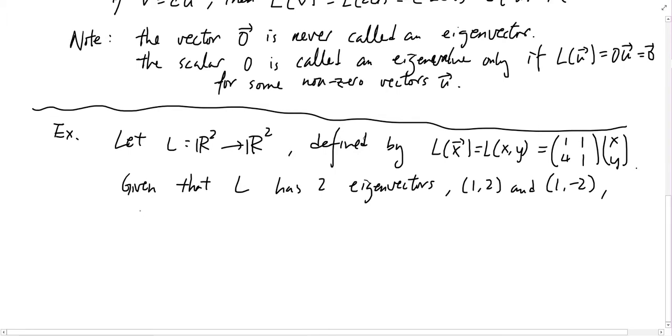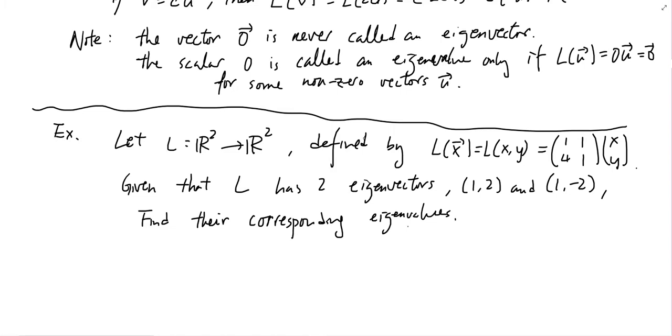I do want you to try to figure out how to find their corresponding eigenvalue. Remember, every eigenvector must have a corresponding eigenvalue to go with it, because that eigenvalue is the scalar that defines the multiple. So how do we go about solving for the eigenvalue, now that we know the eigenvector?